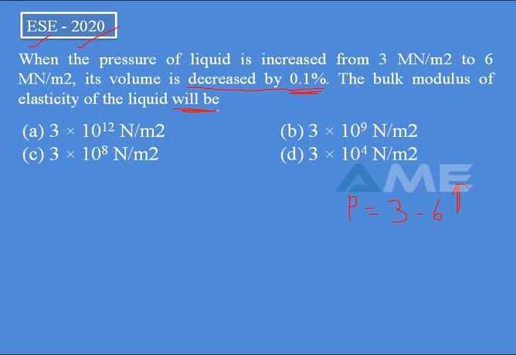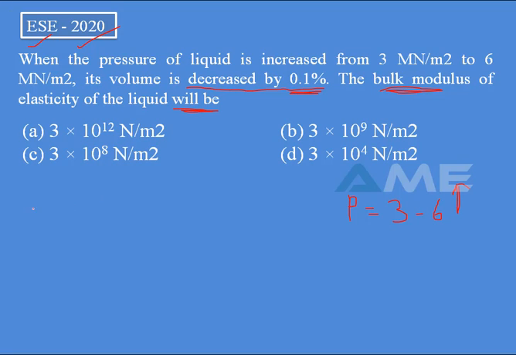First, when you're solving any problem in any competitive exam, try to understand the problem first, and later try to understand what they're asking to find. Here in this problem, they are asking to find the bulk modulus of elasticity of the liquid.